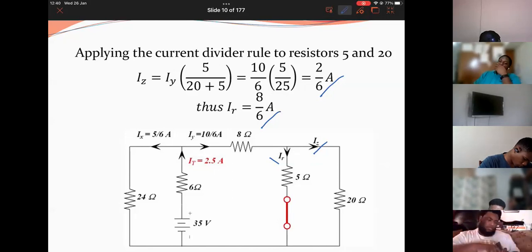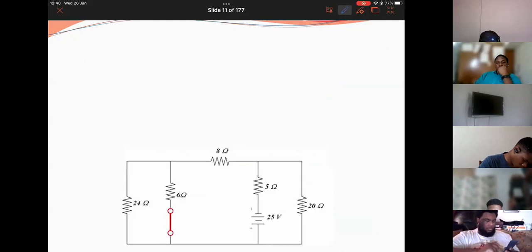All right. So that is with the first source. We now go to the second source because we now have the currents from the 35-volt source through all the branches. So we can move to the 25-volt source. So from this source, once I select it, I then replace the 35-volt source with its internal impedance.